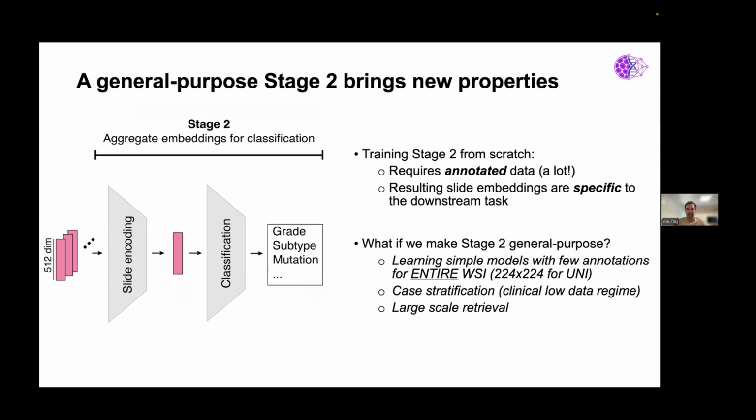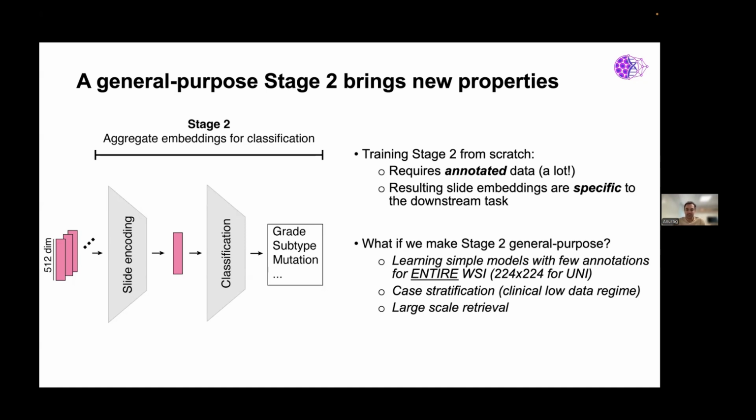This data is not only very costly to get, but it's also very time-consuming, and it also is prone to errors. We have often found that pathologists can make mistakes in labeling the slides. So with this expensive data, time-consuming data, and prone to error data, how can we really train our stage 2 model with a large amount of confidence in it?